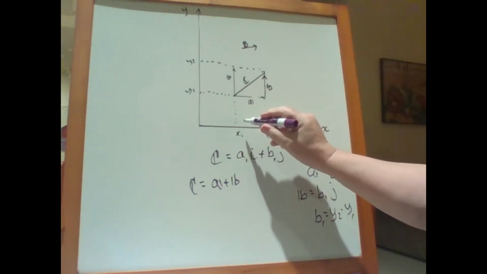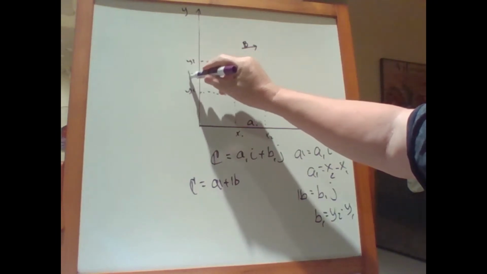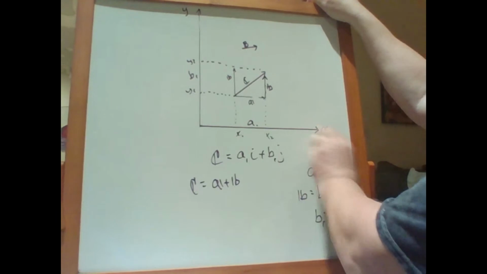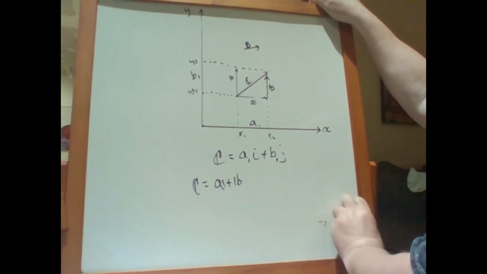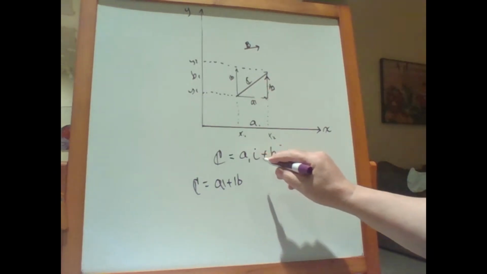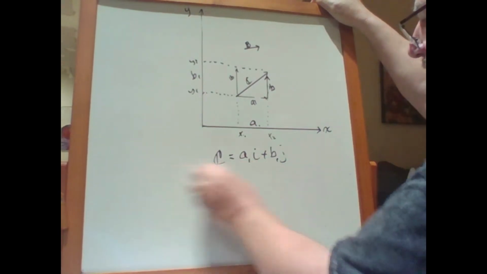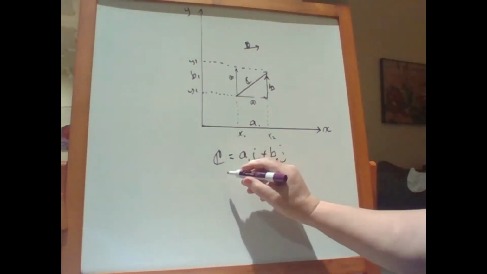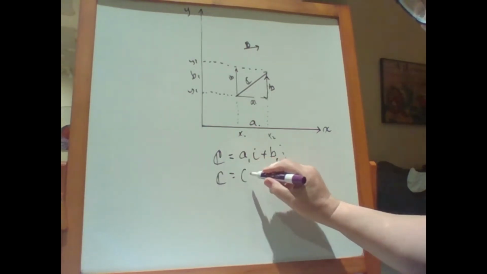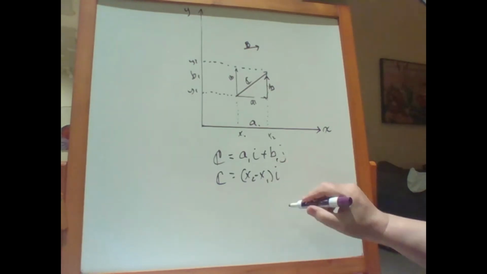So this distance here is A1, and this distance here is B1. And so we represent this vector C as A1 i plus B1 j, and that's equal to x2 minus x1 in the i direction.